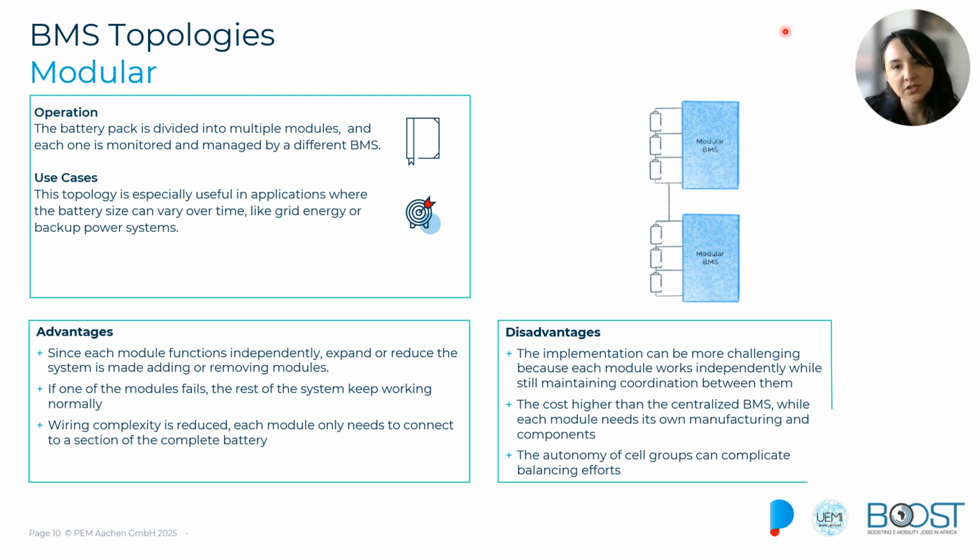Also, another advantage is that it has a better tolerance to faults than, for instance, the centralized architecture, because in this case, if one of the modules' BMS fails, the rest of the system can continue functioning. And this is going to be very important, for instance, to continue monitoring and communicating with the rest of the system to inform of any failure.